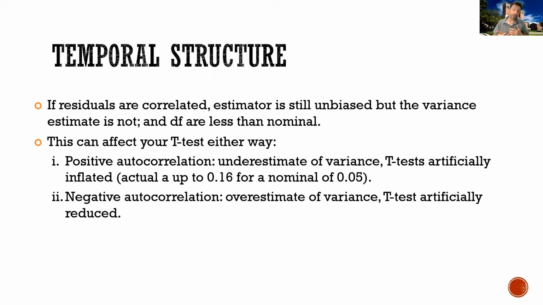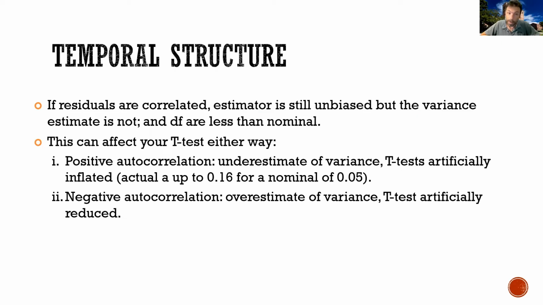Now, this can affect you differently according to what kind of autocorrelation you have. If you have positive autocorrelation, meaning the error at each time point is just a slight variation of the prior error, then you're underestimating your variance.